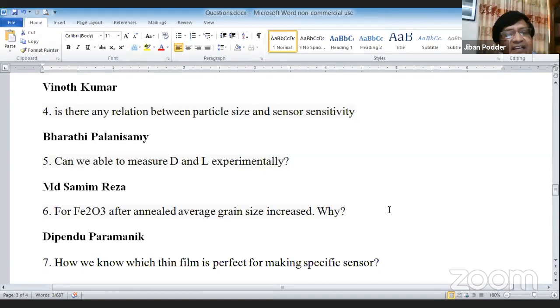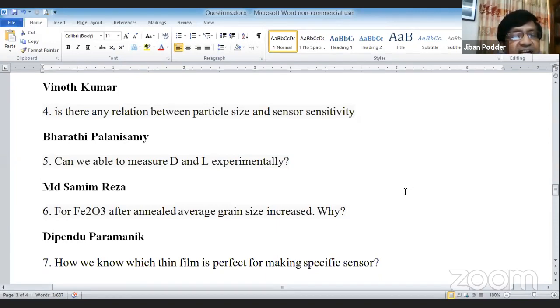Definitely there is a relation between D and L because of the barrier formation. Because of the depletion layer between two grains, the electron charges interact. There is a repulsive force between the same charges, and they produce contact resistance. So that is important, but experimentally I don't know right now how to calculate L. D we definitely calculate from the XRD full width at half maxima, the crystallite size we can calculate easily.